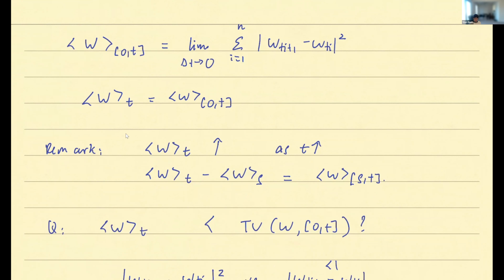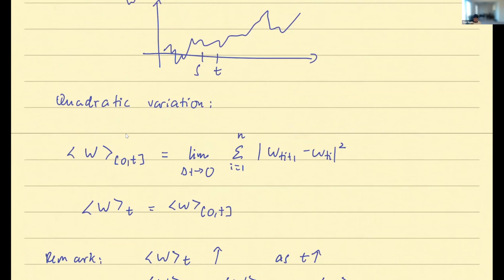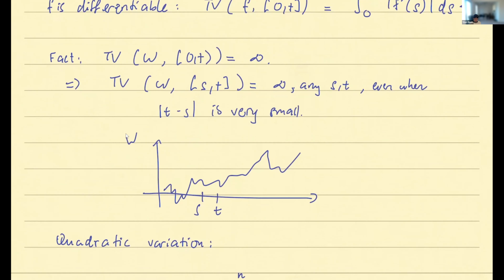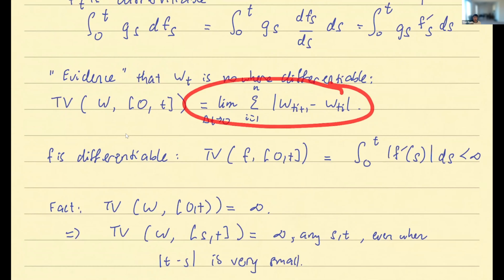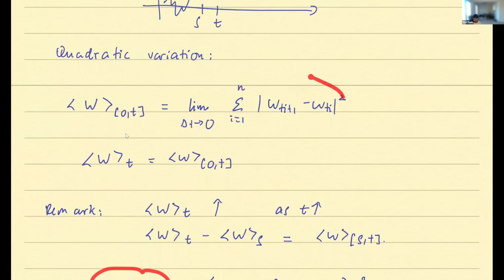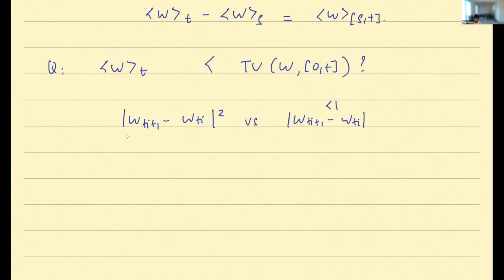In fact, it turns out that this is the right object to measure the variation of Brownian motion. It's too wild at the absolute value level. It's infinite. But if we square it, then we can tame it, meaning we can measure it. It can be finite.